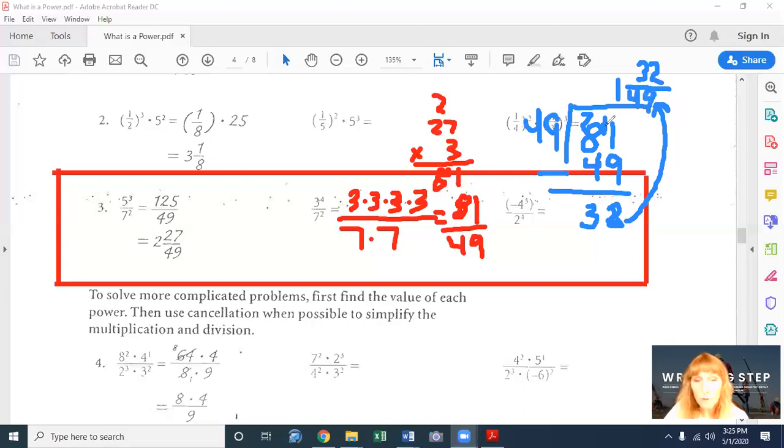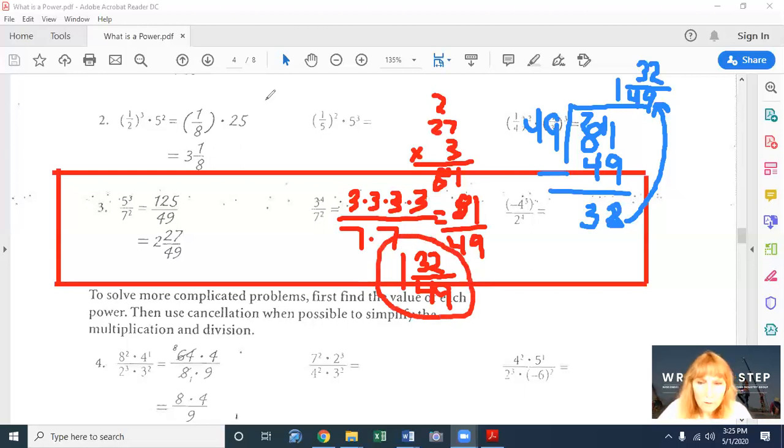And I don't think you can reduce 32 over 49. Not that I can think of. So then the official answer to this problem here is going to be 1 and 32 over 49. So that is the answer.